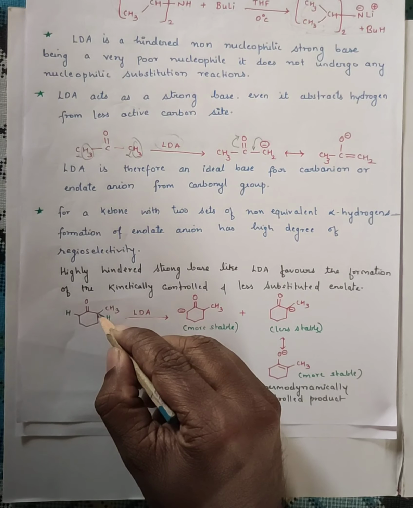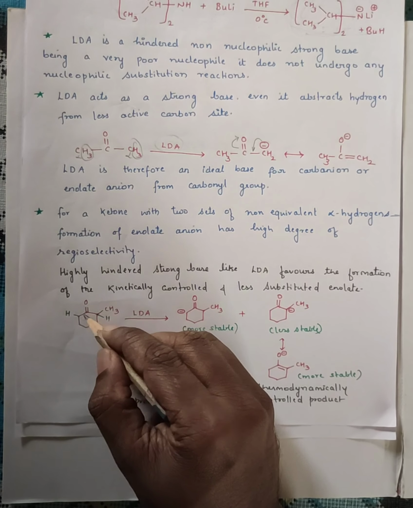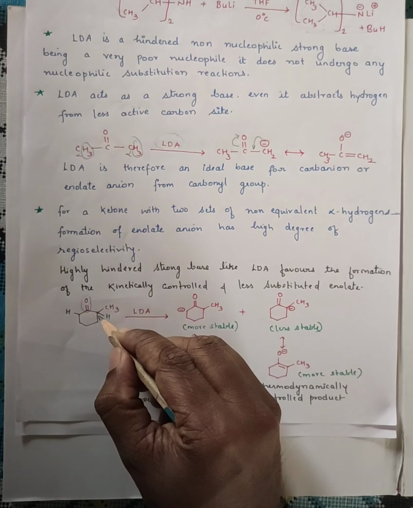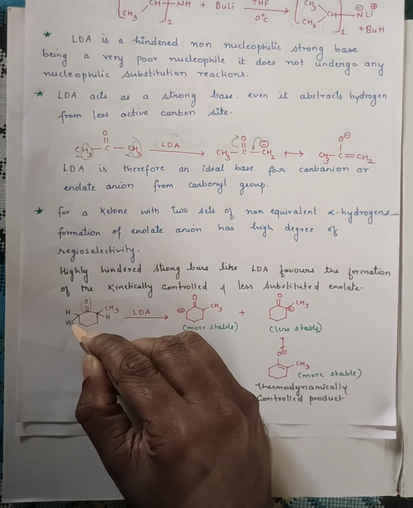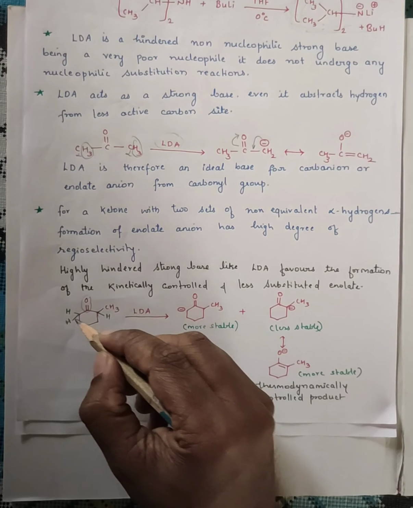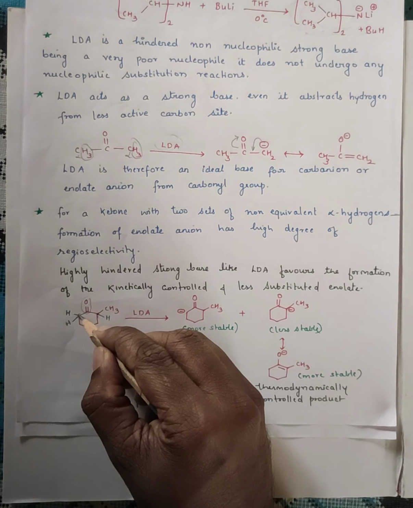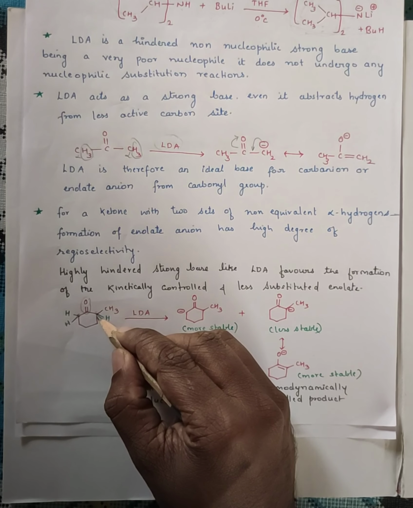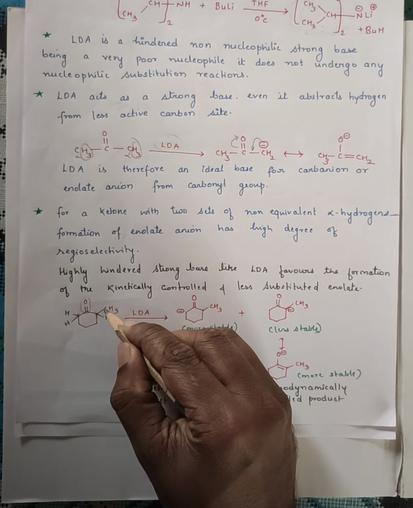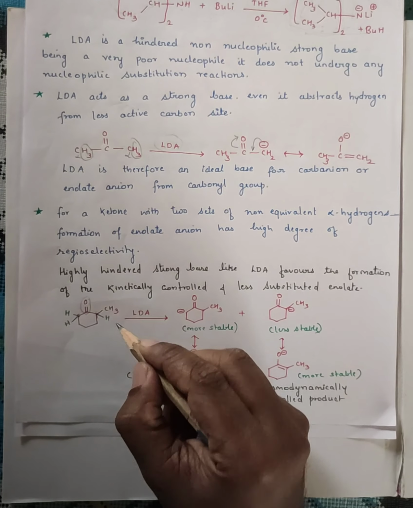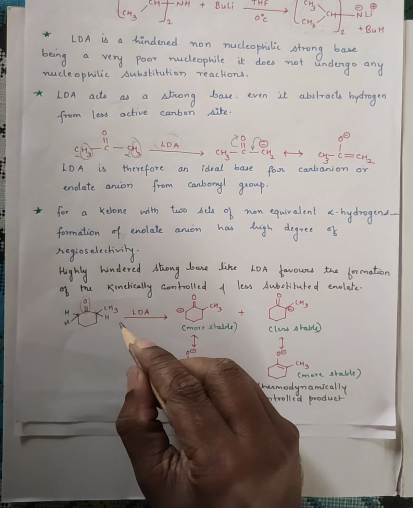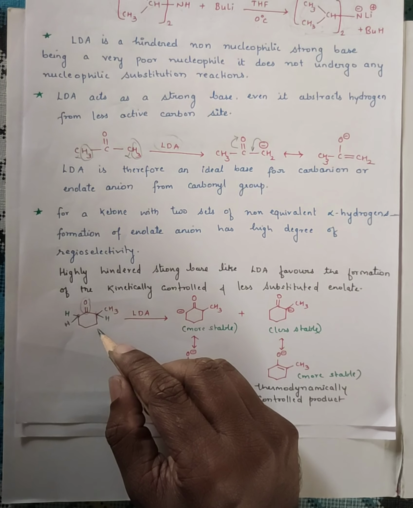Now here there is a CH3 group. This is a ketone. At one alpha position there is one hydrogen, and at the other there are two hydrogens. This carbon is of a different nature from this carbon: this carbon has a CH3 attached to it, whereas this carbon has both of the hydrogens. Now when we treat this molecule with LDA, we have two possibilities.